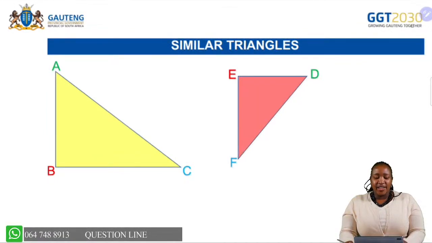All right, so you have 2 triangles. You've labeled them triangle ABC, and you also have a triangle DEF, right?